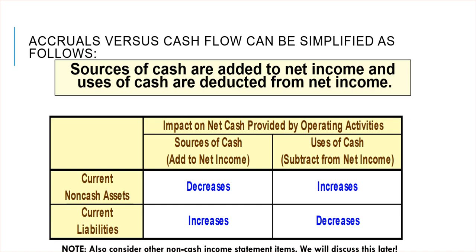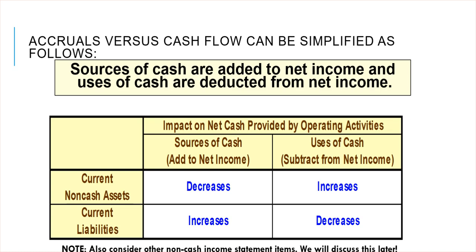So my quick way of approaching this is to memorize that current assets reverse the sign. Any increases show up as a decrease in the operating section. Any decreases show up as an increase in the operating section. When you're looking at current liabilities, an increase in current liabilities is an increase in the operating section, and a decrease in current liabilities is a decrease in the operating section.